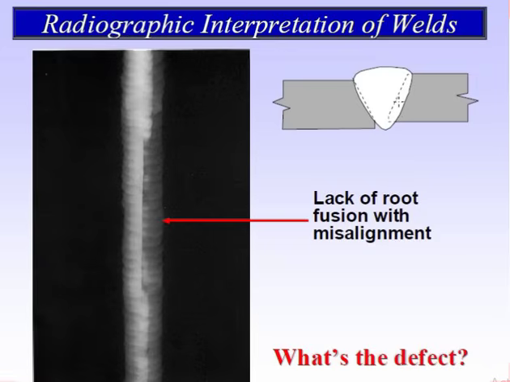In misalignment, what is the major indication? The major indication is the density. If there is misalignment, definitely the density will be different. You can see here the density here and here is totally different. And you can also see the lack of root fusion here; the fusion has not been done.